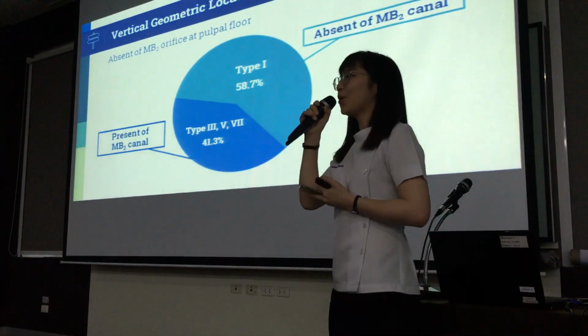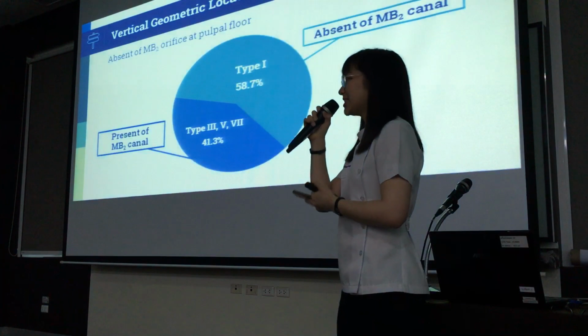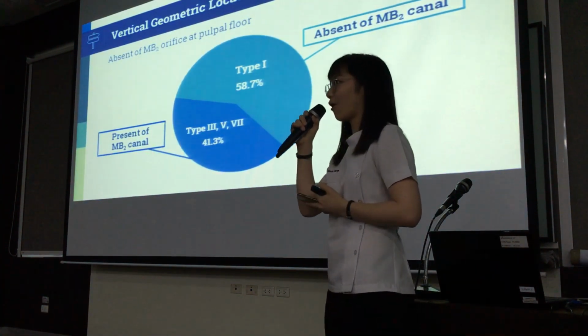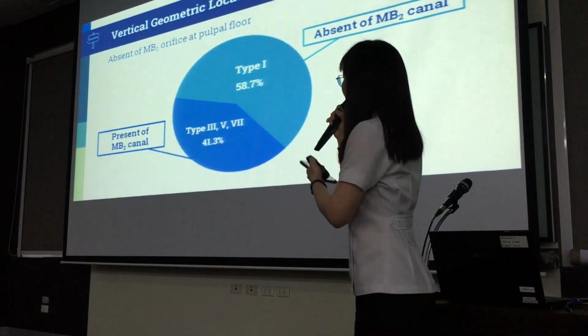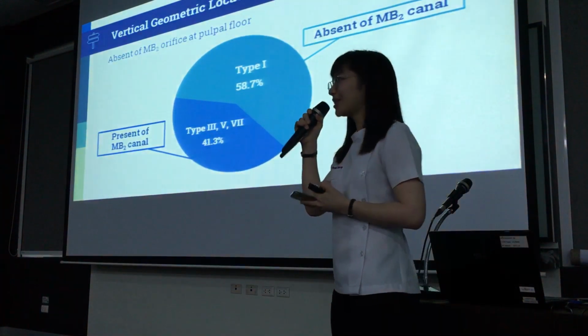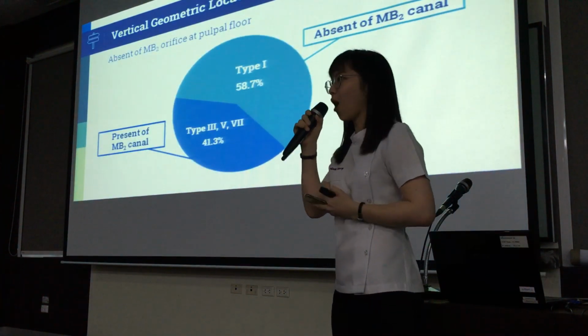For the vertical geometric location, in this case, the teeth were absent of MB2 at the pulpal floor, and 41% were found with the MB2 canal separating from MB1 beneath the pulpal floor.